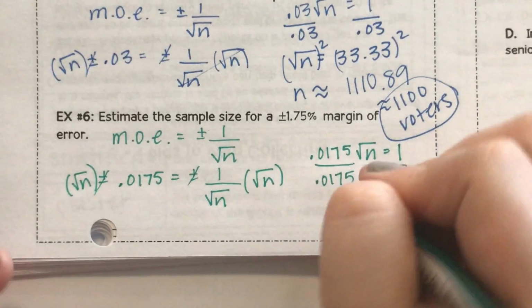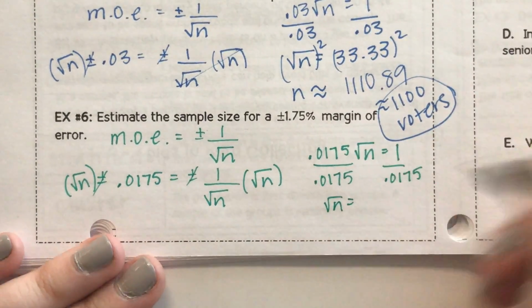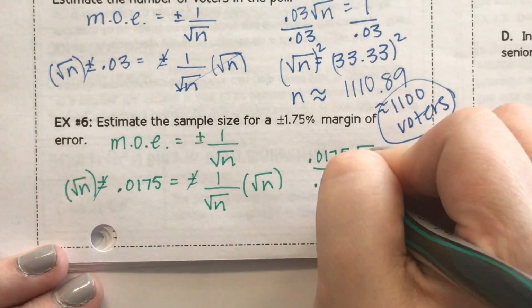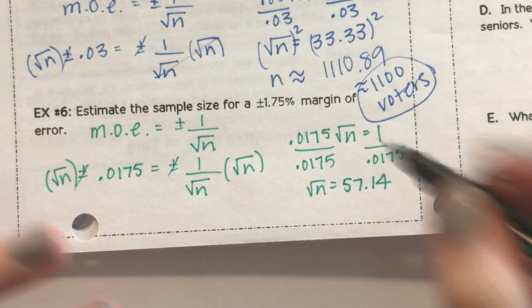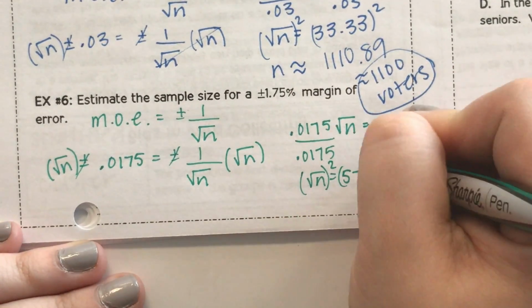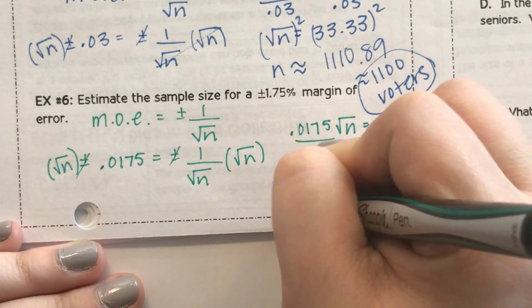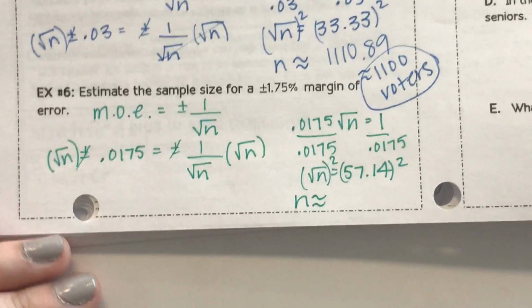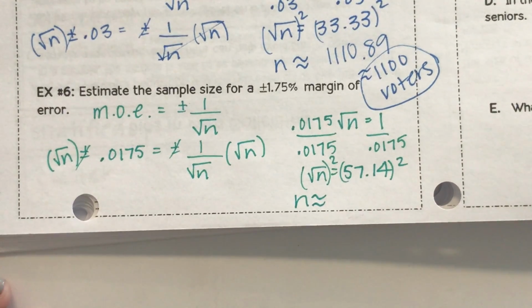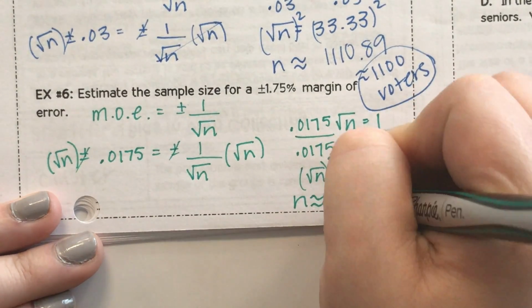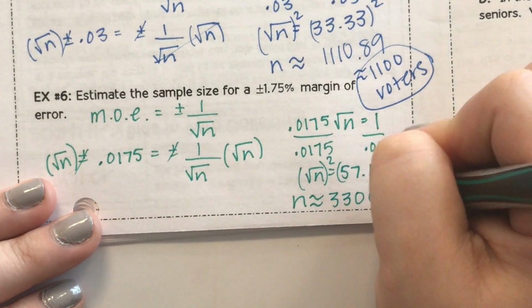The square root of n equals 57.14. If we square both sides, n should be approximately 3,265 point something. Again, we're going to round up to the nearest 100, so about 3,300 voters.